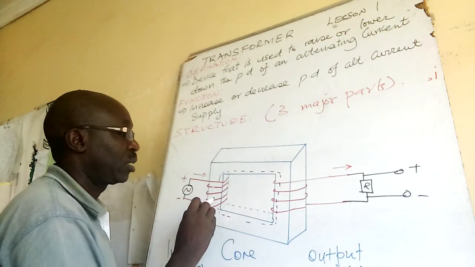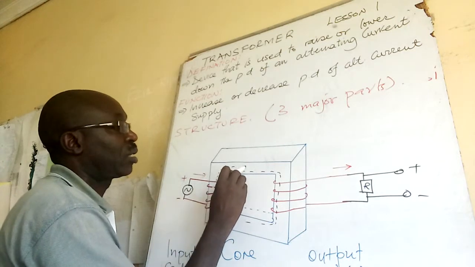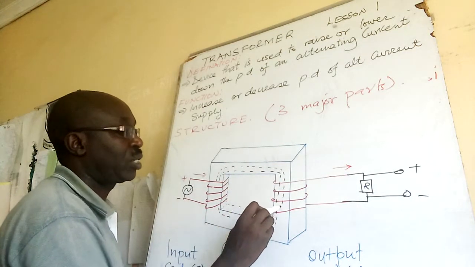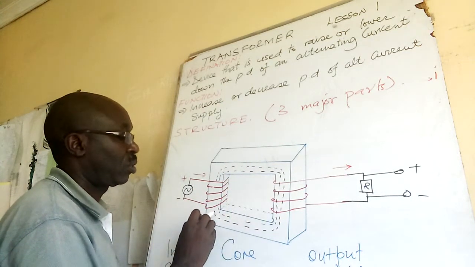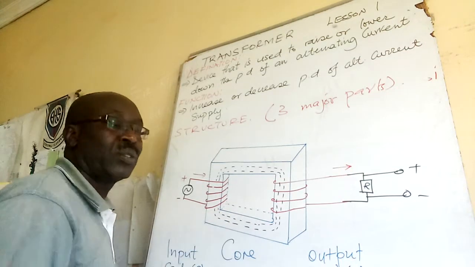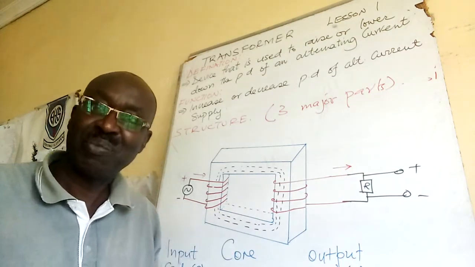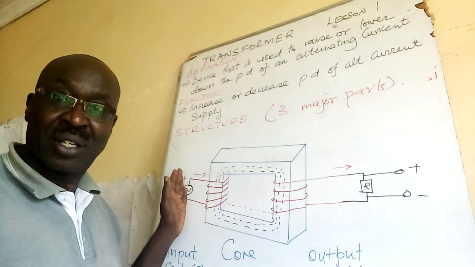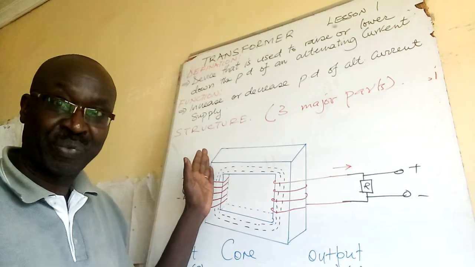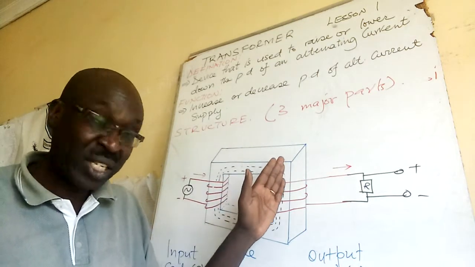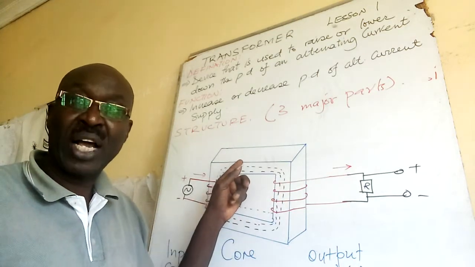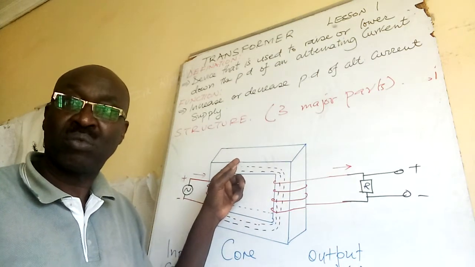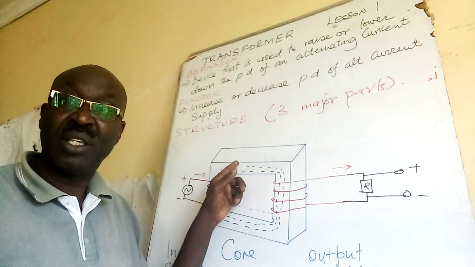It links. You can draw as many as you wish. See? Magnetic flux of the primary is linked with the secondary by this core. Okay? By this core.